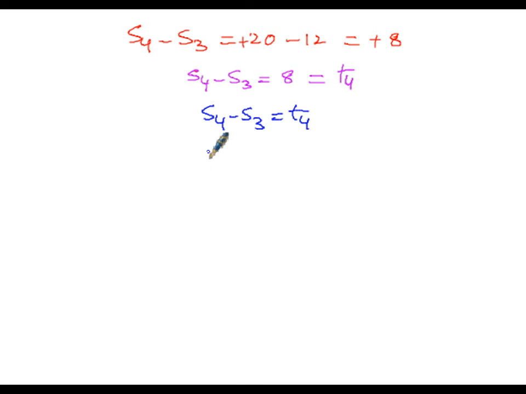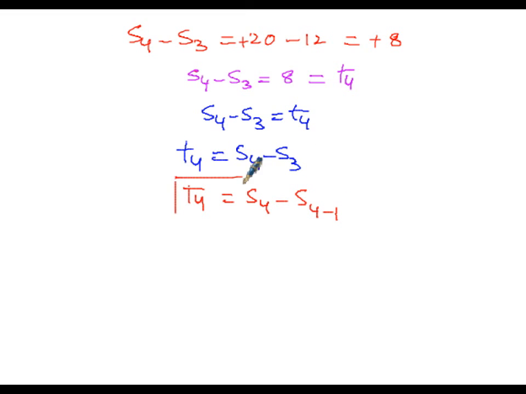In other words, the fourth term can be written as S4 minus S3, or T4 equals S4 minus S(4 minus 1).